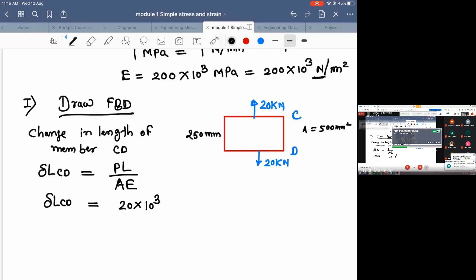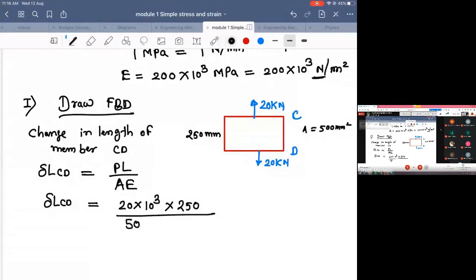So 20 into 10 to the power 3 is the value of P. The length of member CD is 250 mm, the area is 500 millimeter square, and the Young's modulus E is 200 into 10 to the power 3.